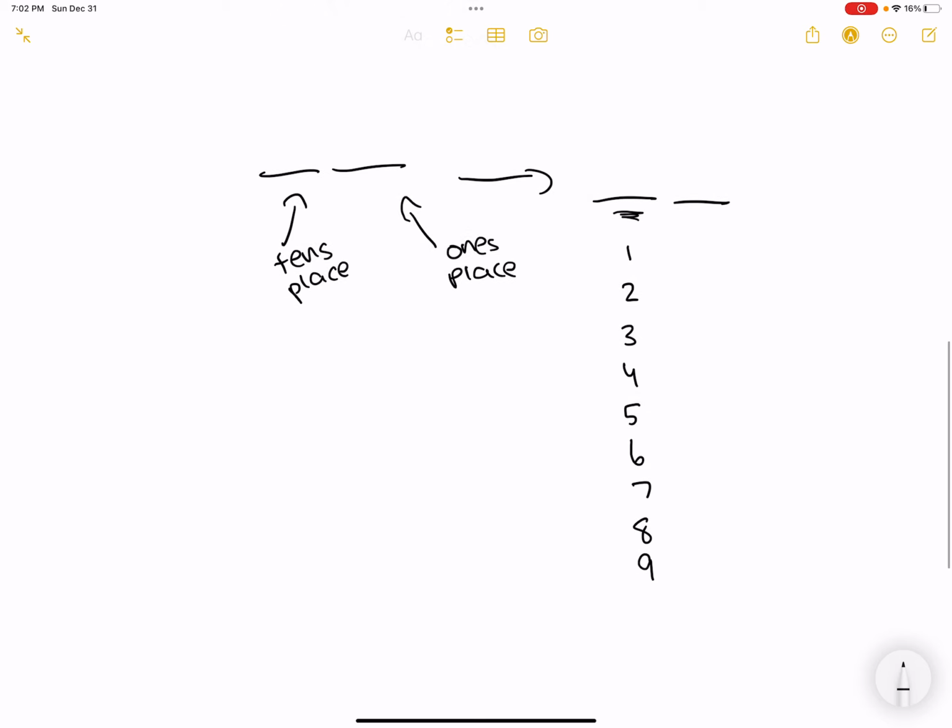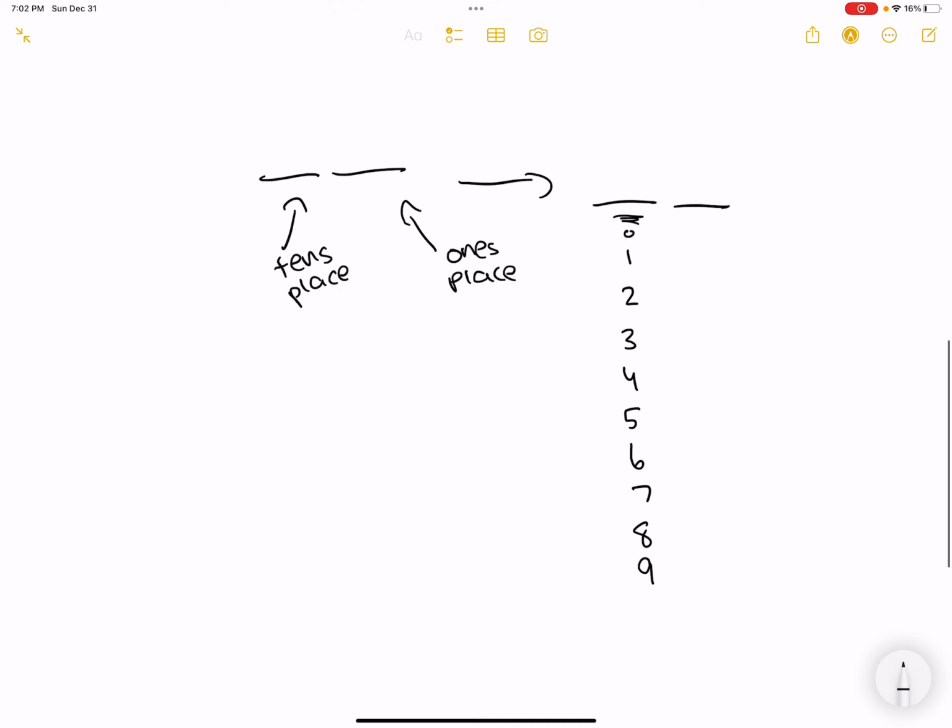But you might be thinking, why can't we put 0 here? Well, we can't put 0 there because then the 2-digit number itself would become a 1-digit number. And we can't put 10 there because then it would become a 3-digit number. So the only possible choices for the tens digit would be one of these 9. So we know that there are 9 choices.